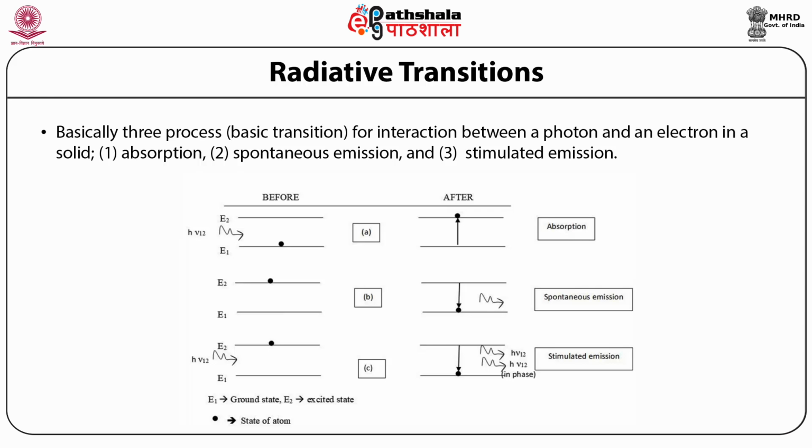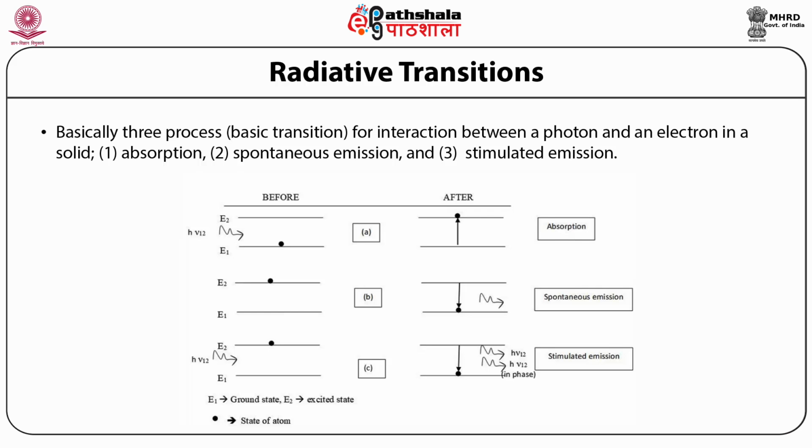Any transition between E1 and E2 involves the emission or absorption of a photon with frequency nu12 such that h nu12 is equal to E2 minus E1. At room temperature, mostly atoms in a solid are at ground state.